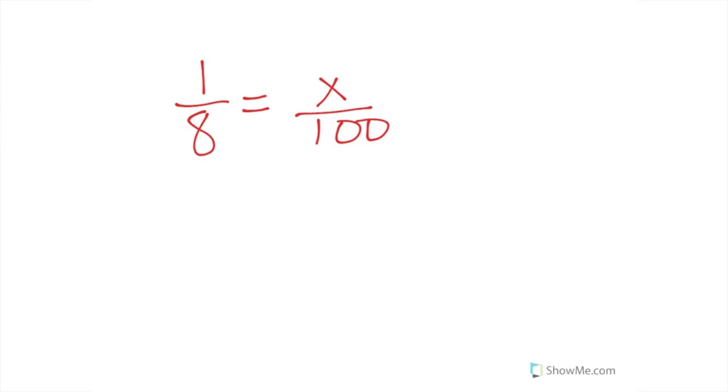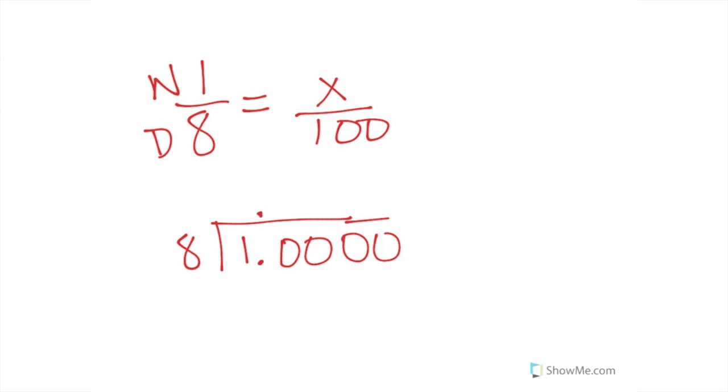So this one's not as quick, so it would be easier for me to turn it into a decimal. Numerator starts with an N, 8 goes on the inside, denominator on the outside. All the zeros that you want. 8 can go into 1, 0. 8 can go into 10, 1 time. 8 can go into 20, 2 times.